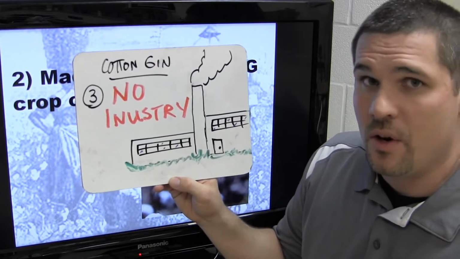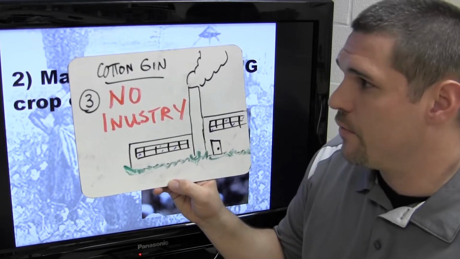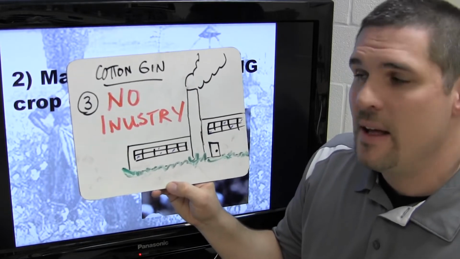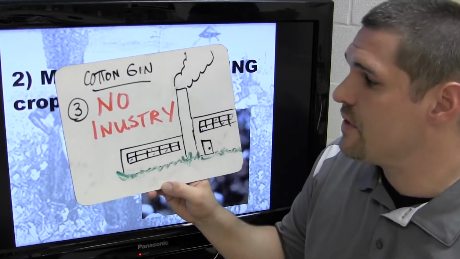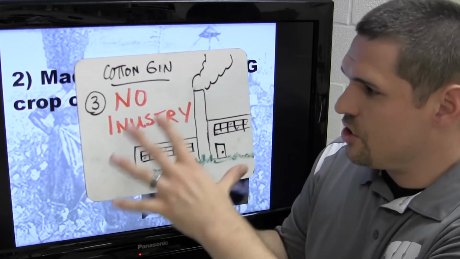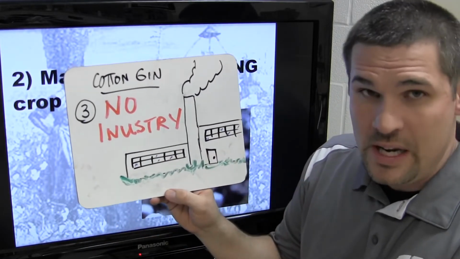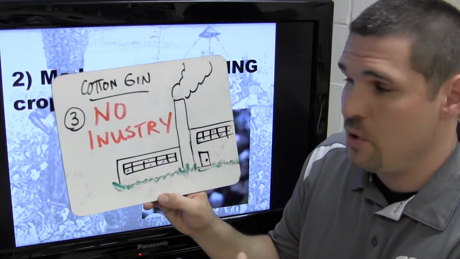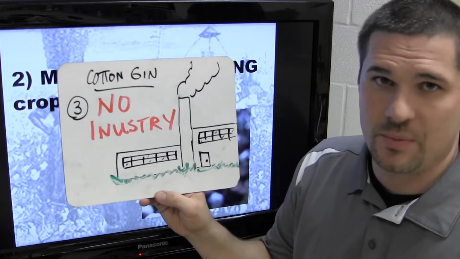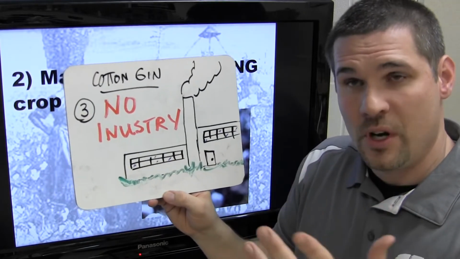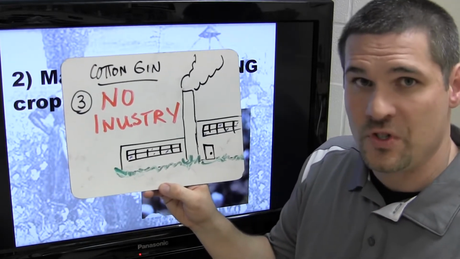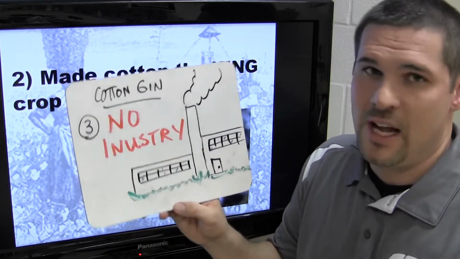Cotton farming was making so much money, and the money was all wrapped up into land and into the slaves, that Southerners had really no need or no will to build factories, much like they did during this early 1800s period in the North, where the Industrial Revolution had taken place. The South, however, not so much.